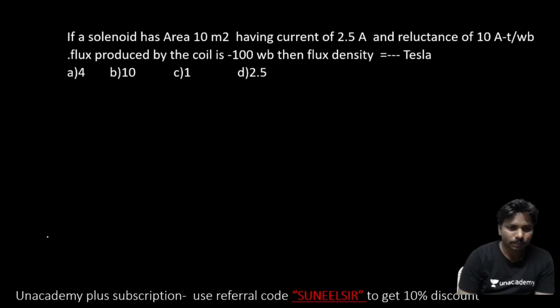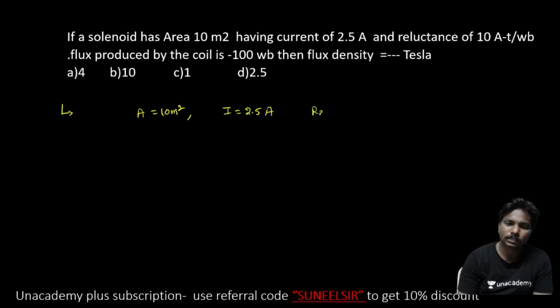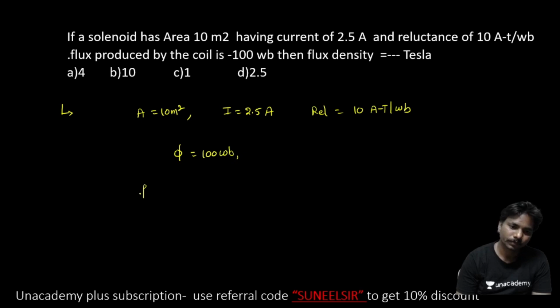Other numericals. If a solenoid has area 10 meters square and a current of 2.5 amps and reluctance given as 10 ampere turn per Weber, and flux produced by the coil is 100 Webers, then what is the flux density? All of you try to get this flux density.